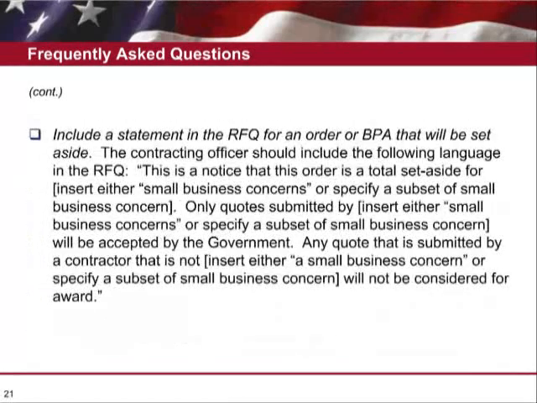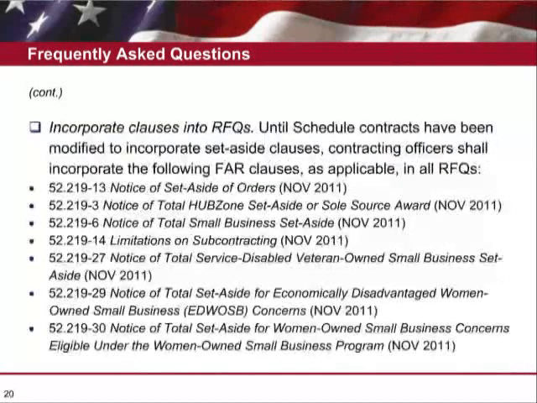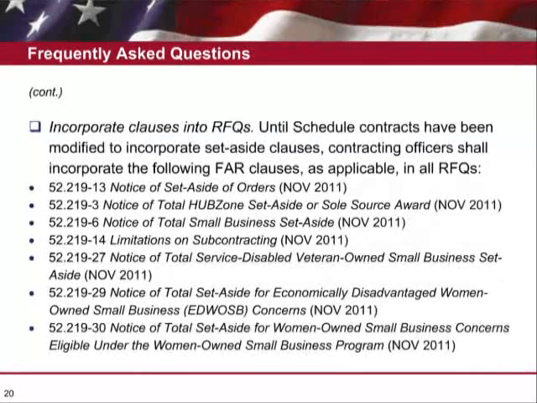The third step is, actually, before I move on to the third step, I wanted to say that a way for COs to know when the contracts have been modified is to check contracts online. And you can access that by looking through GSA eLibrary. On eLibrary, you can access each schedule, and when you go to each schedule's page, there's a box that says for federal buyers if you want to look at the clauses.